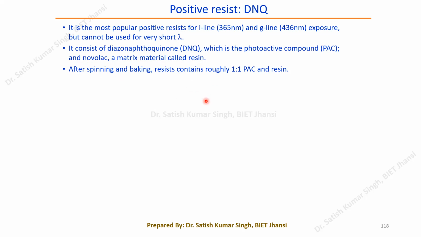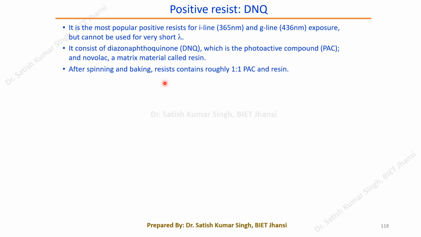As a photoactive compound, we have to use diazonaphthoquinone. Remember that Novolac and diazonaphthoquinone are both hydrocarbons, but diazonaphthoquinone has a certain chemical structure which makes it a photoactive compound. It is photosensitive: once we expose it to light, certain chemical changes occur.